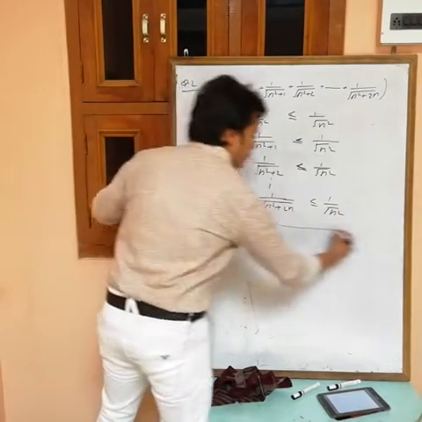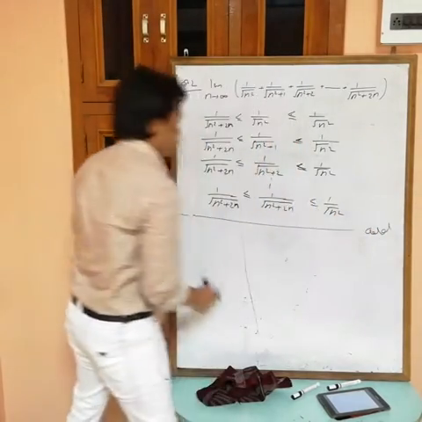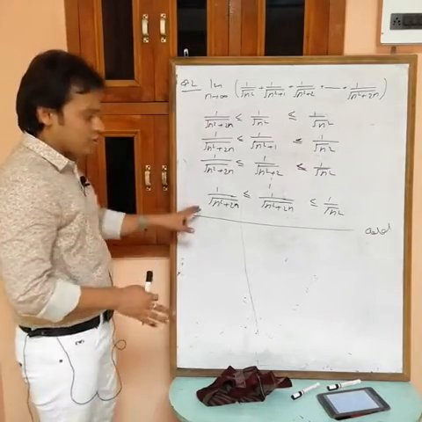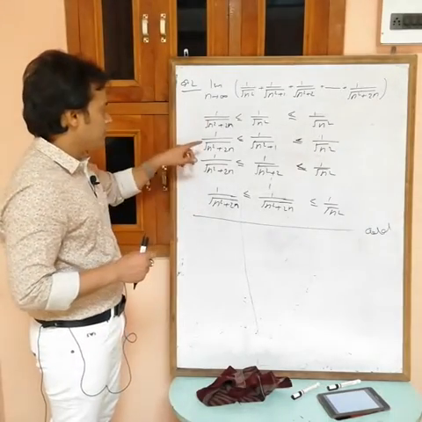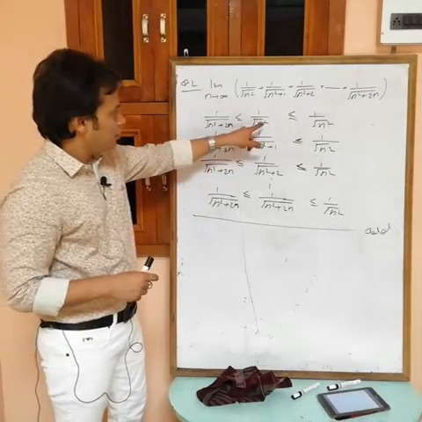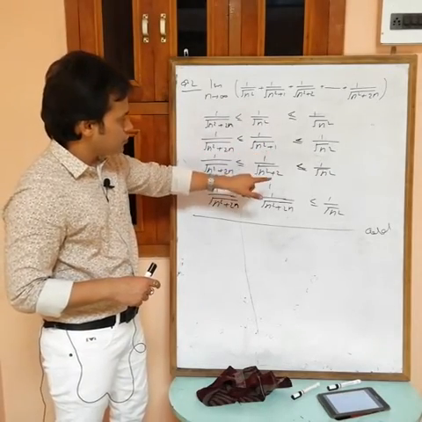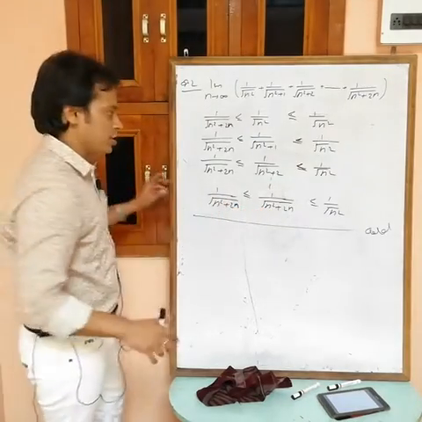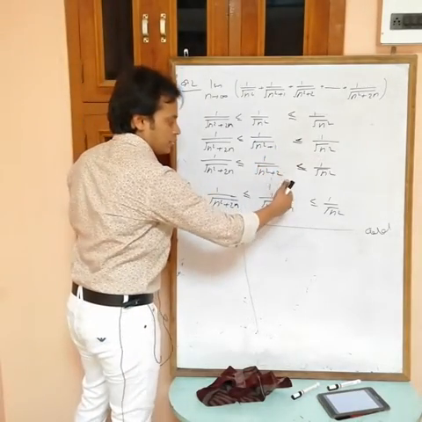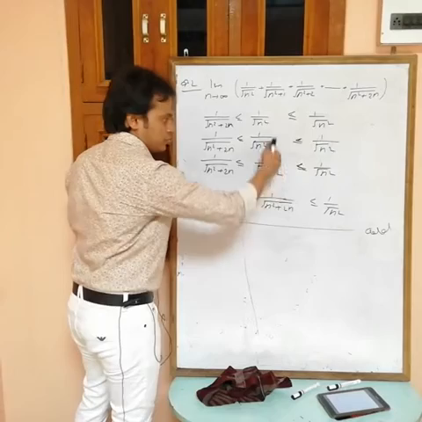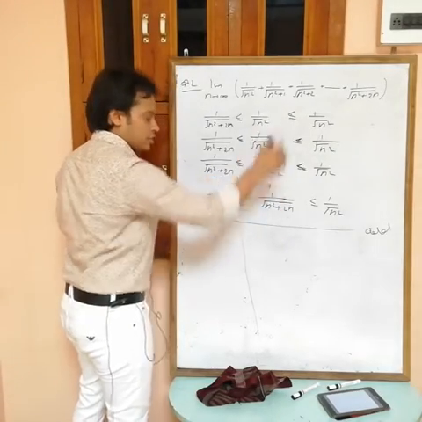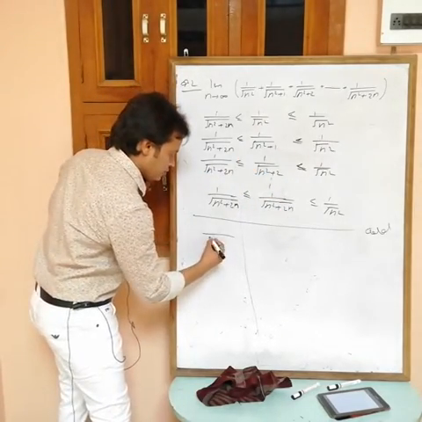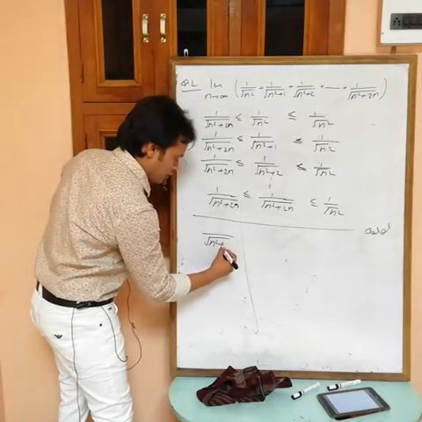Okay, now add. If you add, the denominators are all the same thing. How many times are we adding? n square plus 1, n square plus 2, 0, 1, 2, up to 2n, so 2n plus 1 times. These are 2n terms and 1 extra. So the LCM is the same, root n square plus 2n.